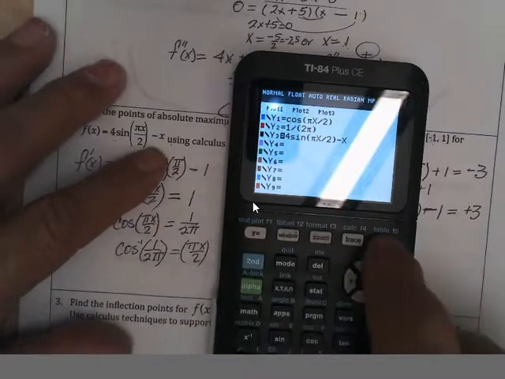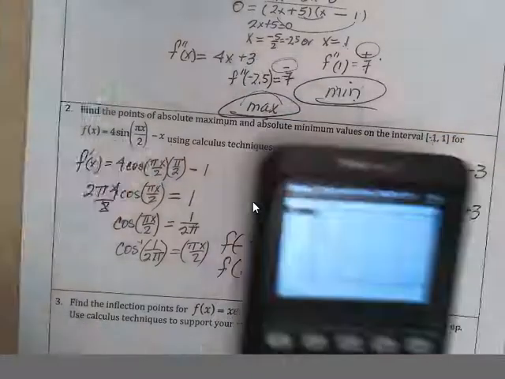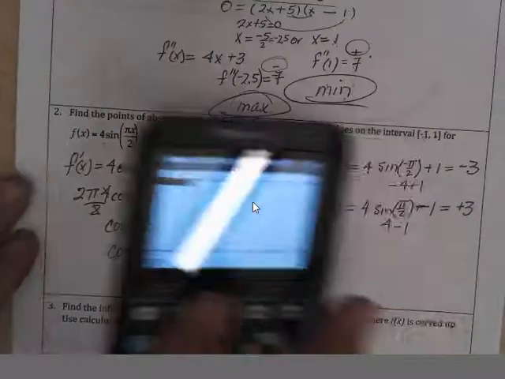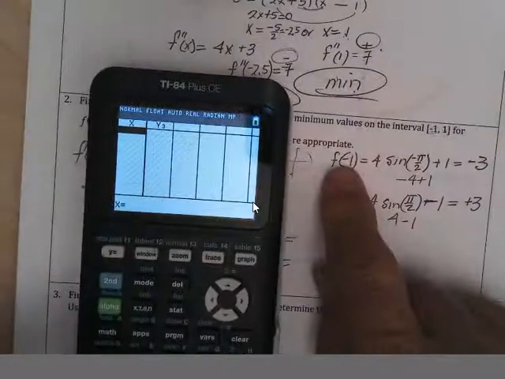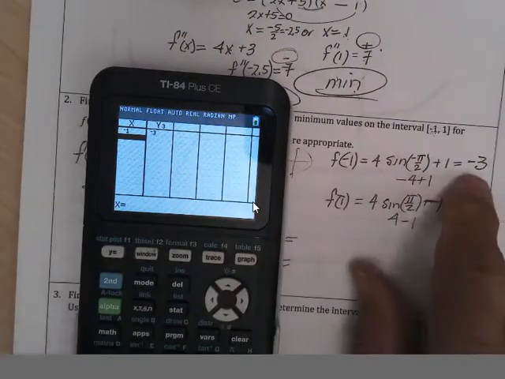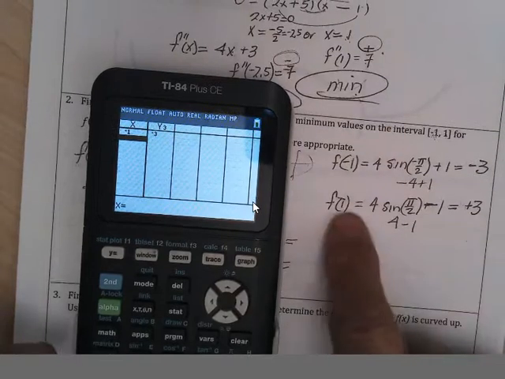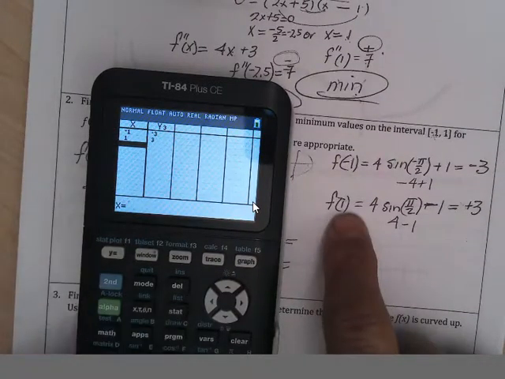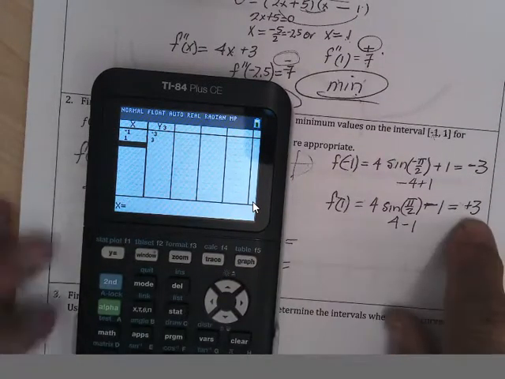And if I go to second table and delete, I can type in -1, and I should get -3. Type in 1, and I should get +3.